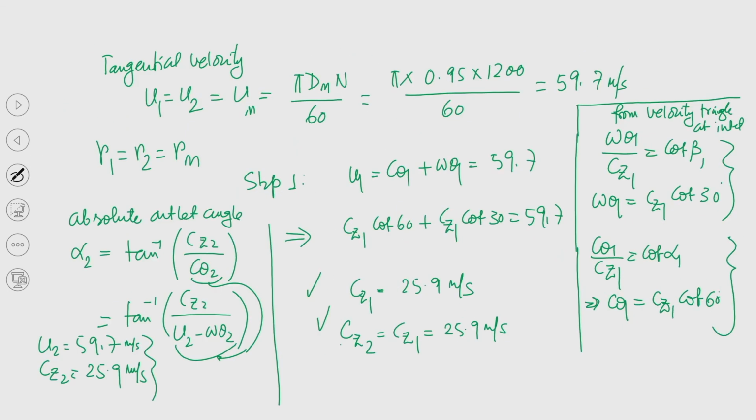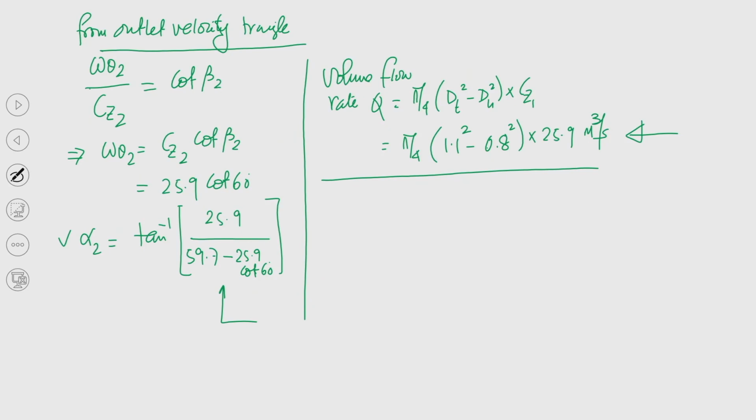Now, the torque T is equal to mass flow rate into mean diameter into c theta 2 minus c theta 1.